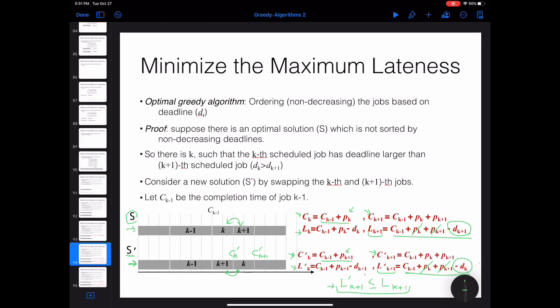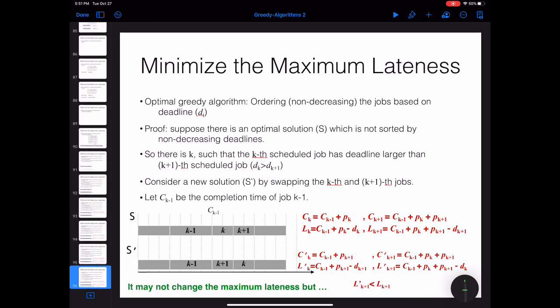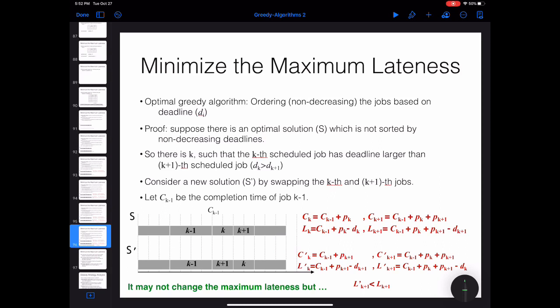And by doing all of those changes, making the optimal solution either better or not actually hurting it, okay, I can make it exactly like the greedy solution. That's enough to prove that yes, the greedy strategy here, which sorts the jobs based on the deadline, is going to give me an answer which is optimal.